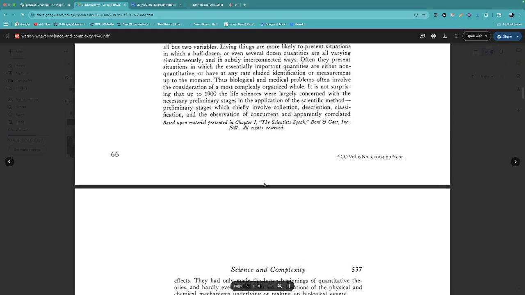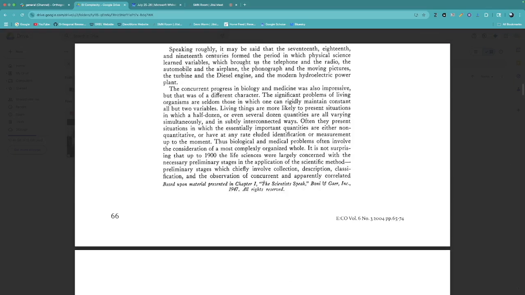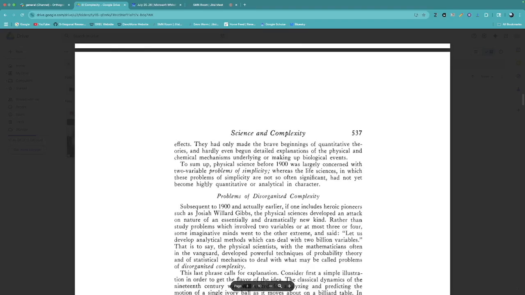I'm not quite sure I agree with this. I think it's maybe that we didn't have the tools in biology and medicine, and physics evolved with mathematics more closely. I don't know. This is again something you would be able to discuss in the group here.